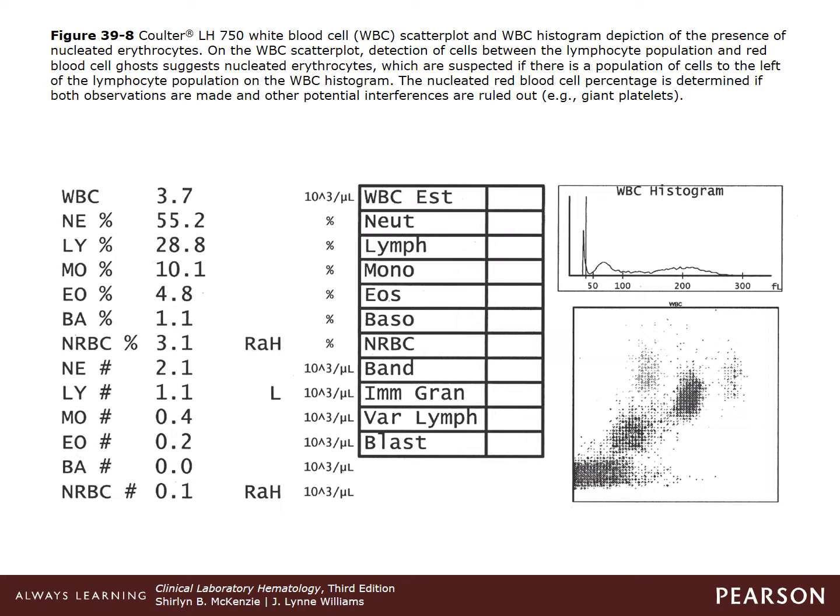So seeing here in the WBC histogram, we're using the principle of impedance, and as the cells pass through, the number of pulses indicates the cell count, and the amplitude or height is proportionate to the cell size. So this first peak here are lymphocytes, the second peak are monocytes, and this last group are bunched into granulocytes altogether.